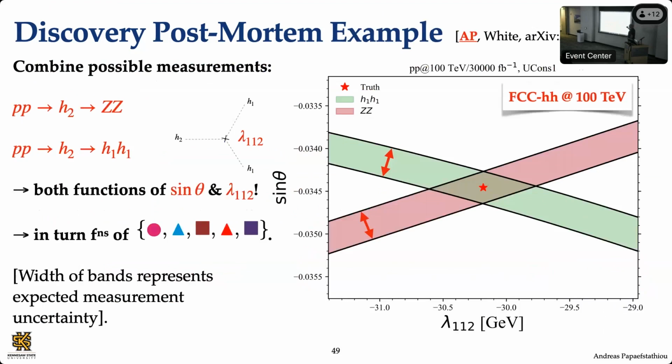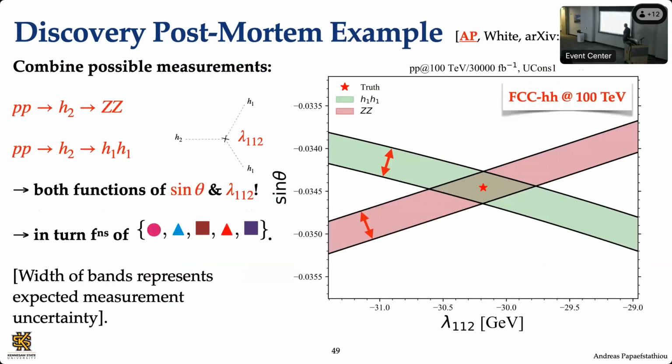So this is taking 2. Imagine you observe this new particle, H2. H2 is a new particle, and you observed it in 2 final states. Both of these are functions of 2 parameters of the theory. They're different functions of the two parameters.